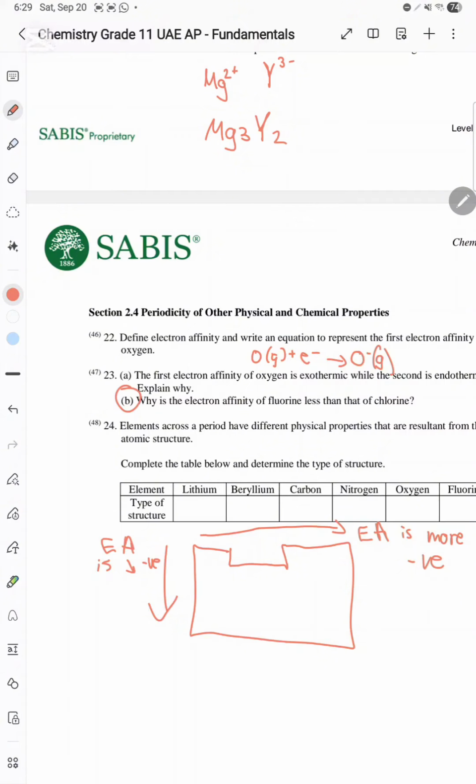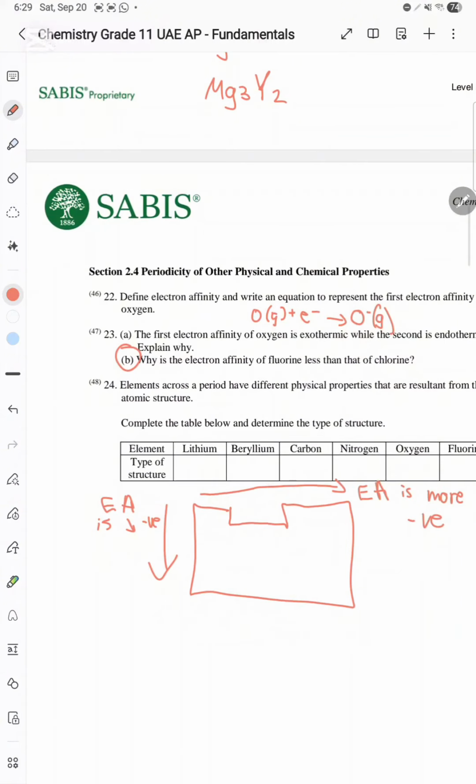So this is an exception to the rule because it's going against what I just said. So it's supposed to be that the electron affinity of fluorine is greater than that of chlorine, but it's an exception, so it's not.